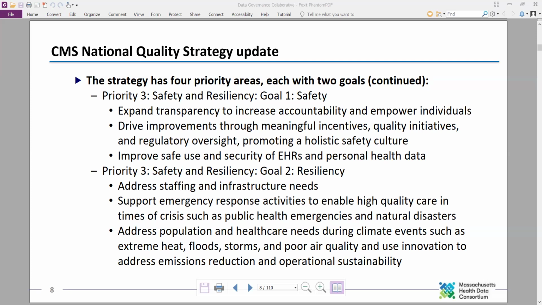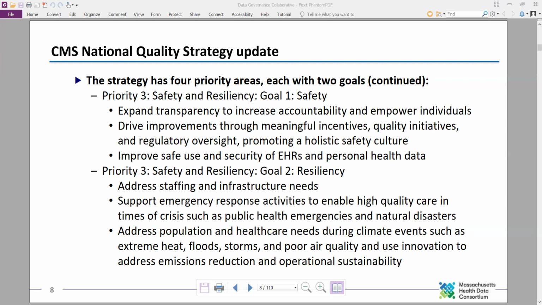And then under resiliency, this is a combination of addressing some of the areas that we know are important, but maybe don't focus on as much ourselves here. Although we do talk about some of the emergency response components, but staffing, infrastructure needs, emergency responses.